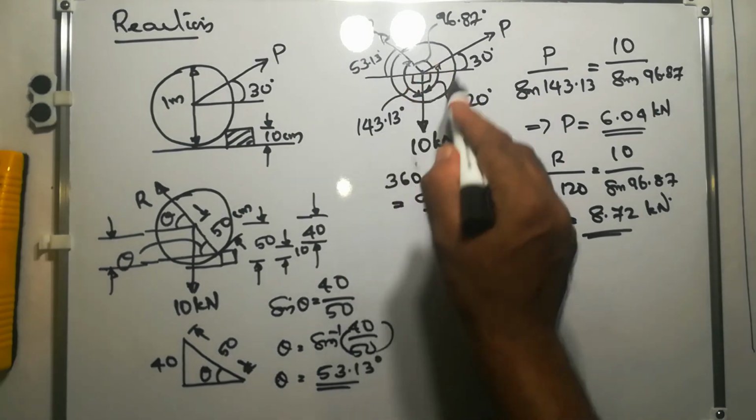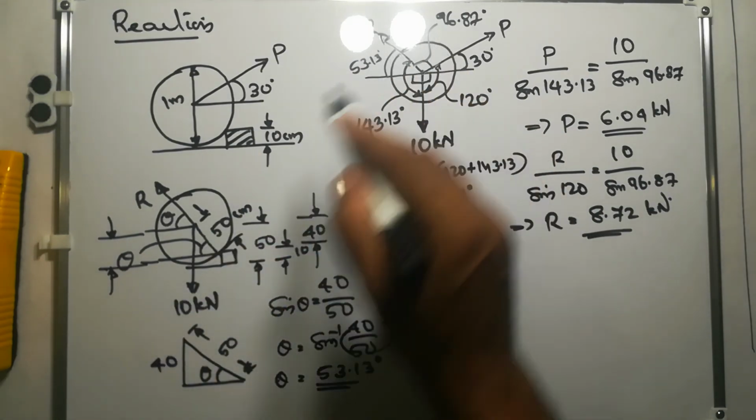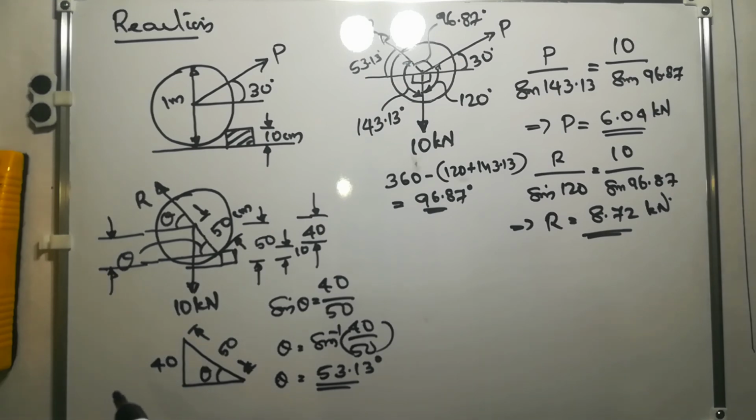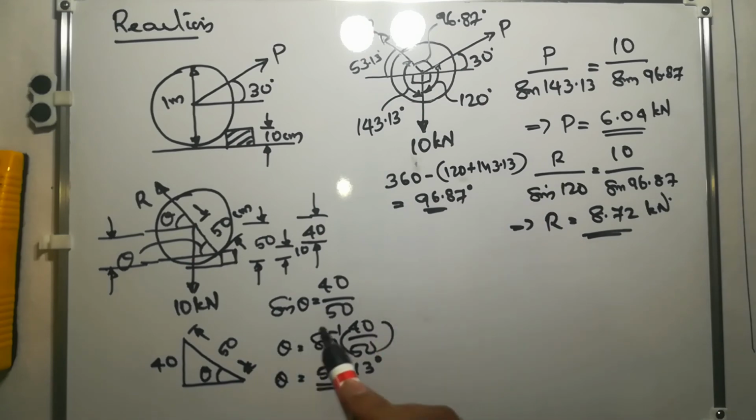Also they are concurrent coplanar forces, so we can apply Lami's theorem, which states that if three concurrent forces are acting on a body in equilibrium, then each force will be proportional to the sine of the angle between the other two forces.